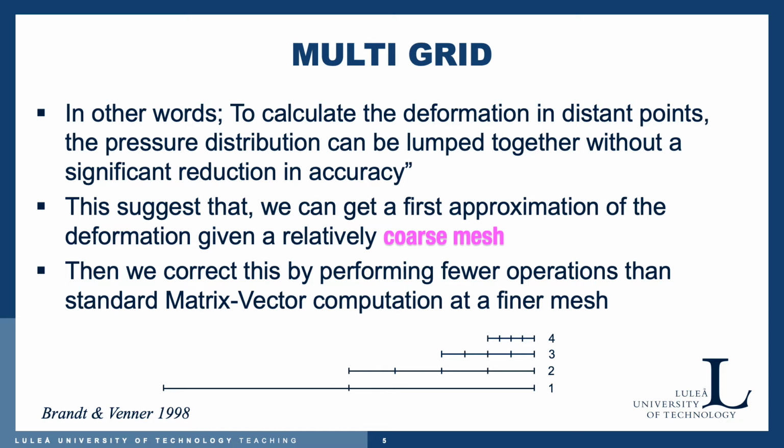We compute a fewer number of those at a coarser grid, correct the results, we carry on, we have an even finer grid, correct the results, we have an even finer grid, correct the results, and by doing this we end up with a result which is very close to the numerically exact deformation, but we have not carried out as many calculations as we would have if we carried out the matrix vector multiplication in full.